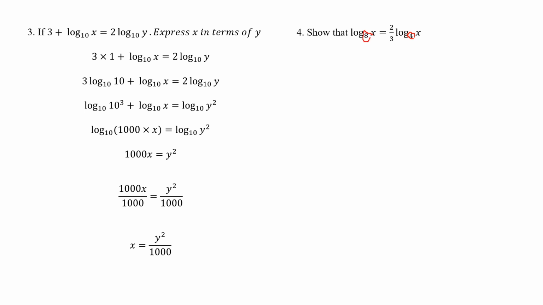That means we are going to find ways of introducing another base on the left hand side such that we can get a base of 4 on the right hand side. So while showing that the left hand side is equal to the right hand side, let us use the left hand side. So when we introduce log base 4 here, we saw that rule, which was the change of base.